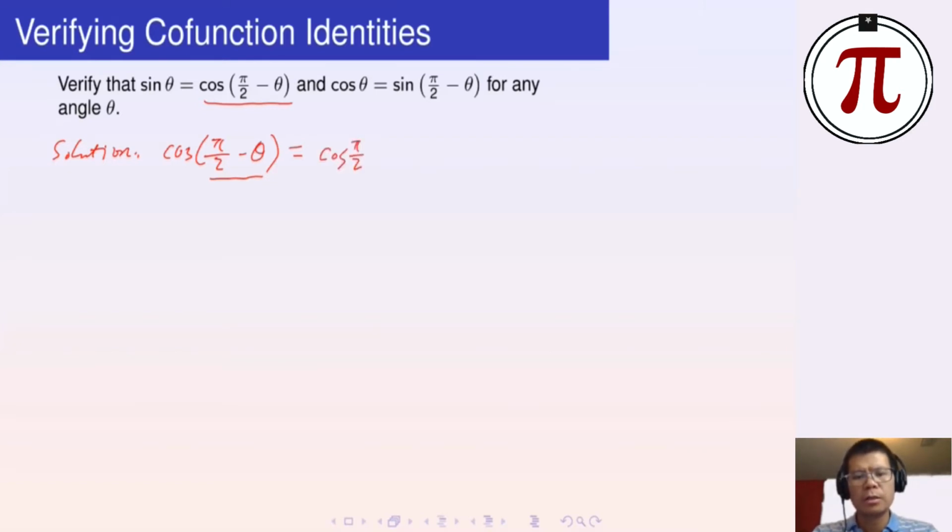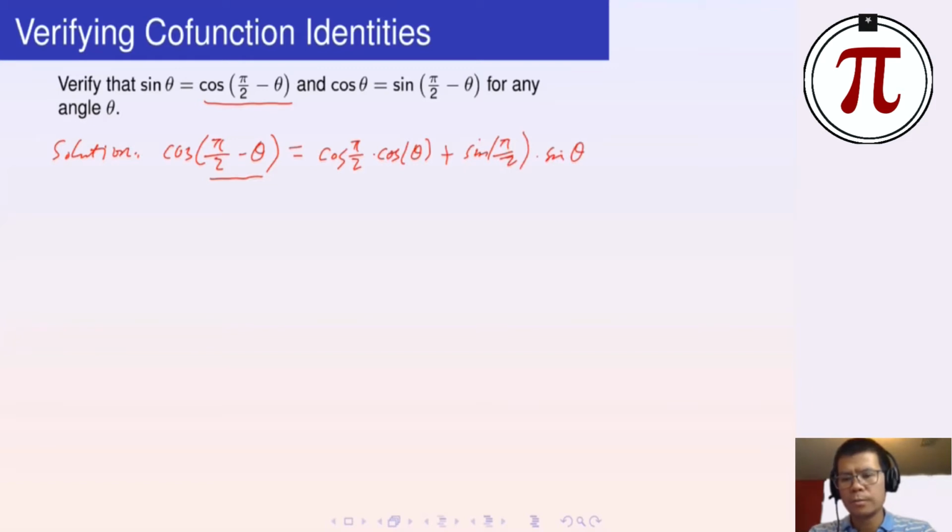Cosine of the first times cosine of the second, cosine theta. Minus or plus? Plus, because it's a cosine. Cosine of the difference is a summation: the summation of sine pi over 2 times sine of theta.